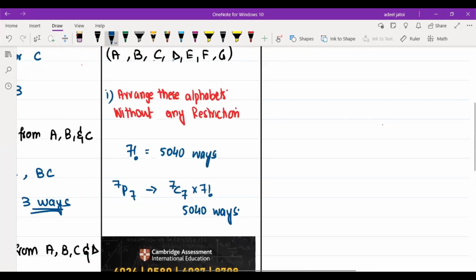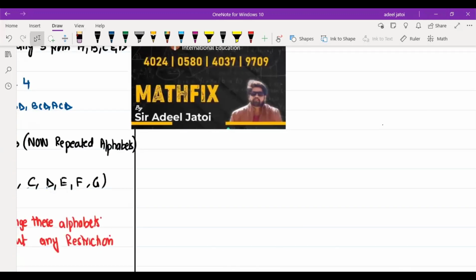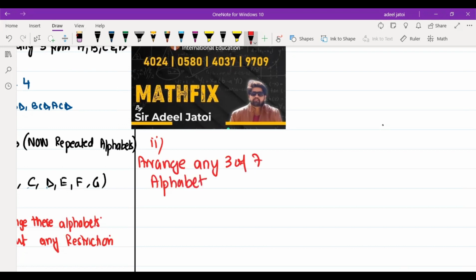Let's just move to part 2 for further understanding of this case. Part 2 says arrange any three of 7 alphabets. Now the case is the same.